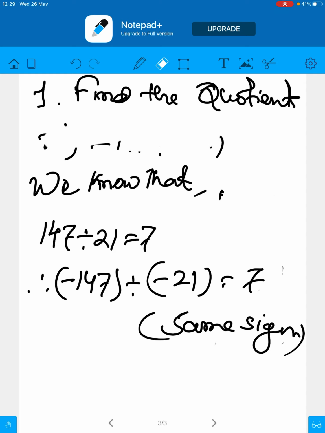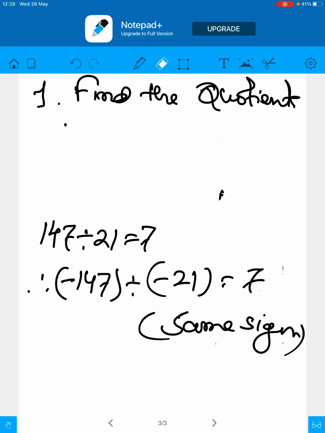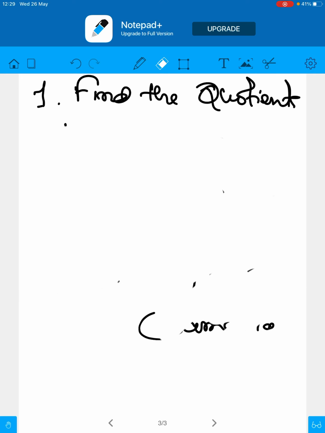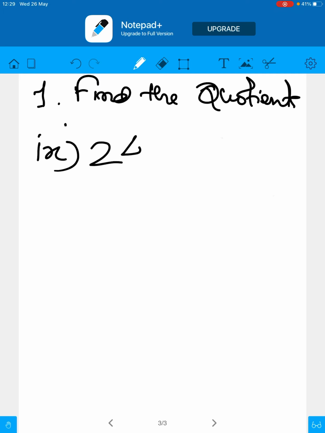Okay, students, I will solve one more question for you. Which question should I solve? I will solve question number 9. Question number 9 I am solving for you. What is question number 9? 245 divided by minus 5.